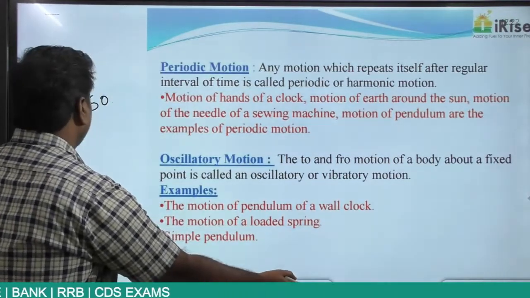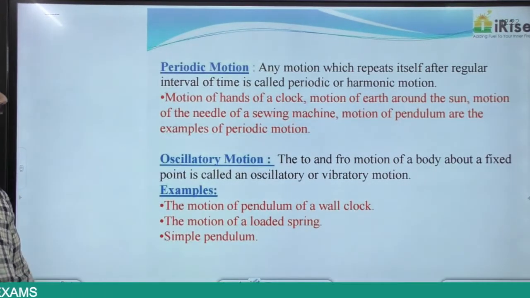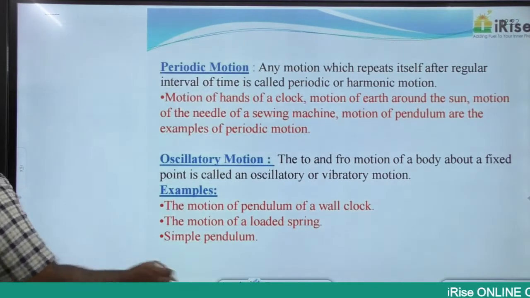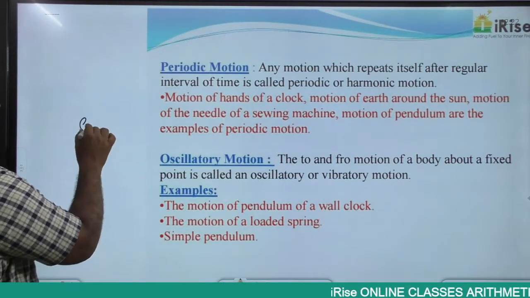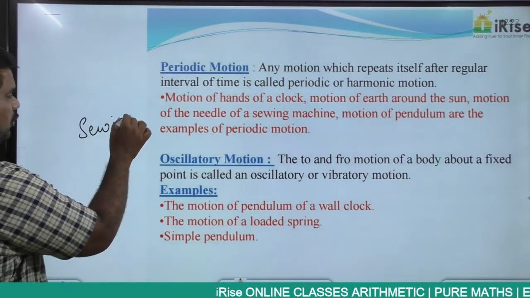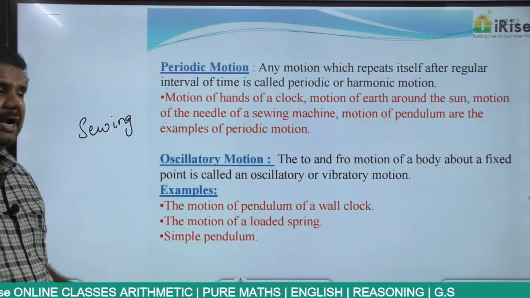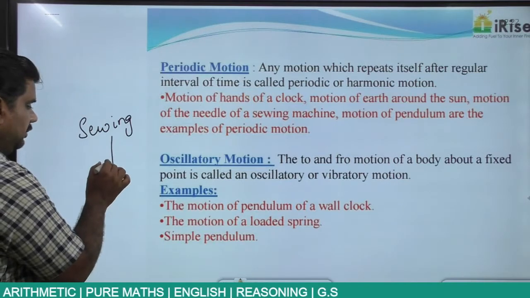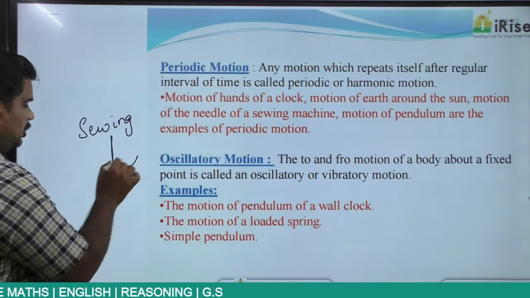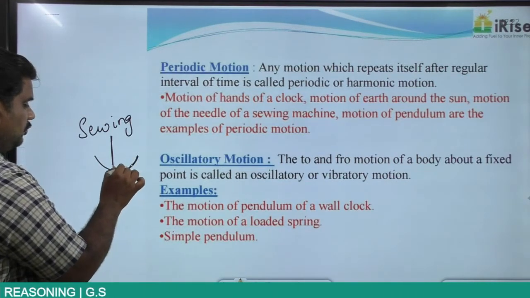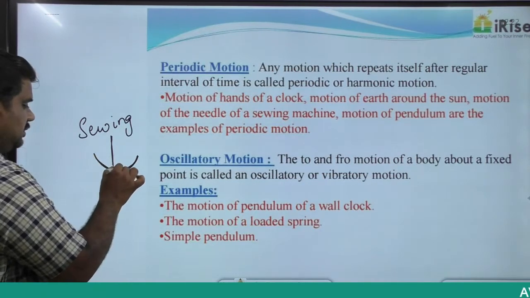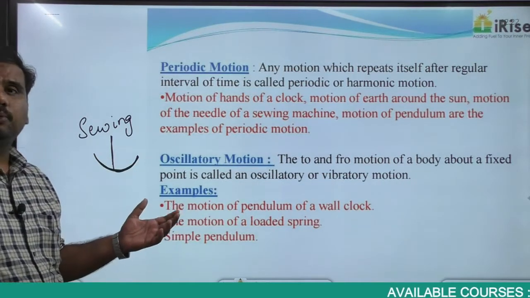You can give some examples, for example, the needle of a sewing machine. It always keeps on moving up and down between two fixed points. That's the reason why you call it an oscillatory motion. At the same time, the simple pendulum always keeps on moving between two fixed points. That is the reason why we call it an oscillatory motion again.